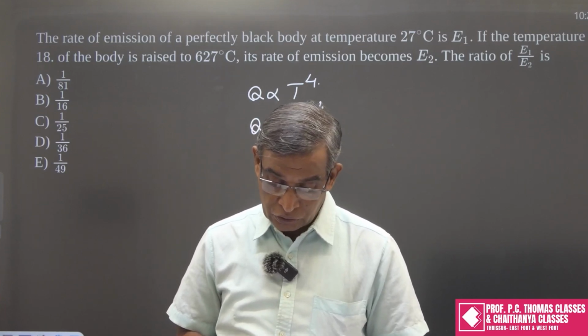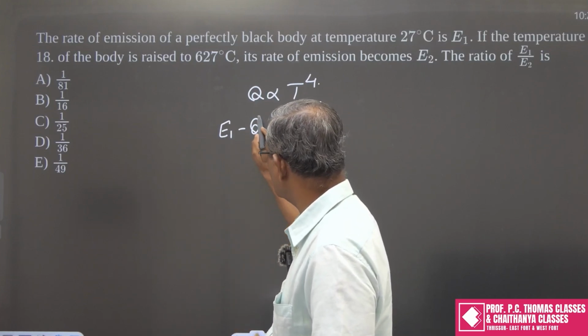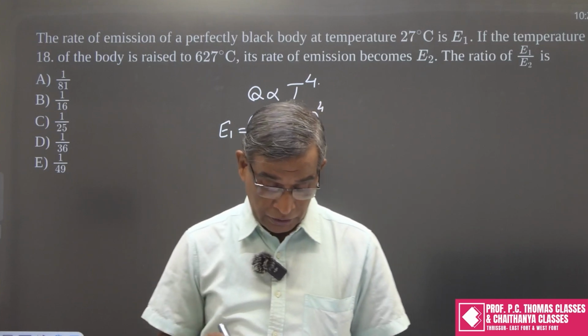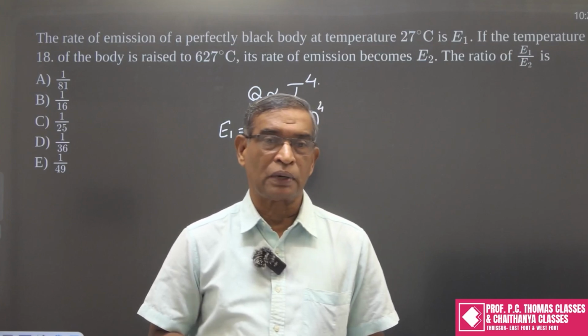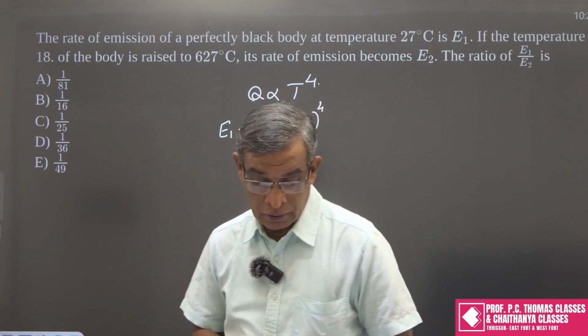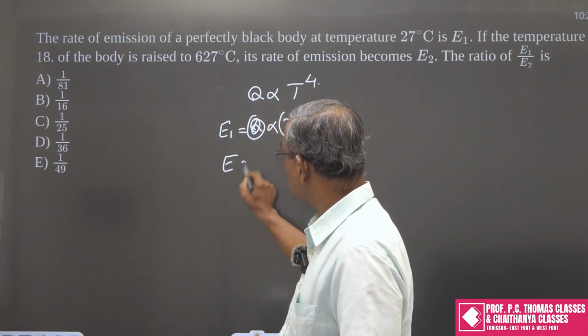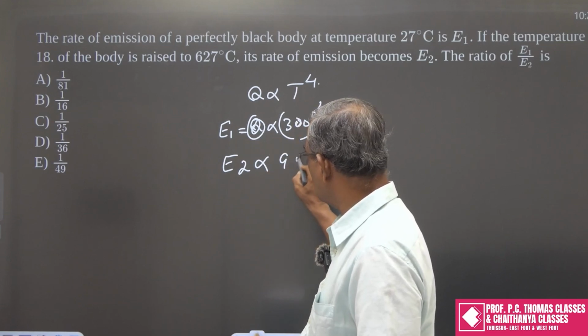The rate of emission is E1. If the temperature of the body is raised to 627 degrees centigrade, that is 627 plus 273, 900 Kelvin, the rate of emission is E2. E2 is proportional to 900 whole raised to 4.